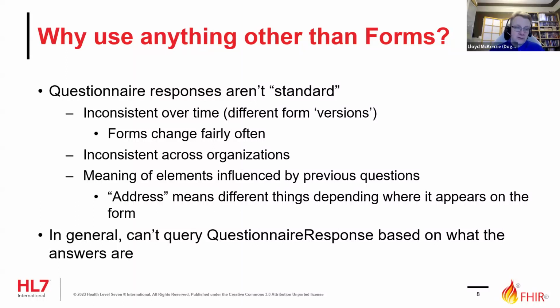And every single institution that you go to, unless they've done some heavy work within their organization, is probably going to be a different form. And it's also quite likely that the form that they had 3 years ago is different than the forms that they have today.